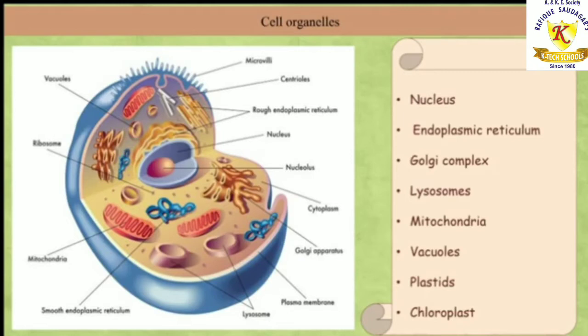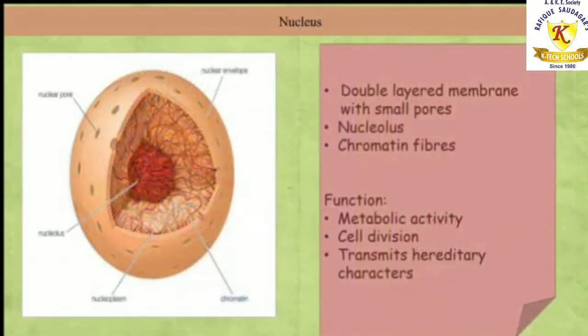Each organelle has its own lipoprotein membrane. Now here you can see some of the organelles like nucleus, endoplasmic reticulum, Golgi Complex, Lysosome, Mitochondria, Vacuoles, Plastids and Chloroplast. Except nucleus and chloroplast, all the other organelles can be seen only with an electron microscope.